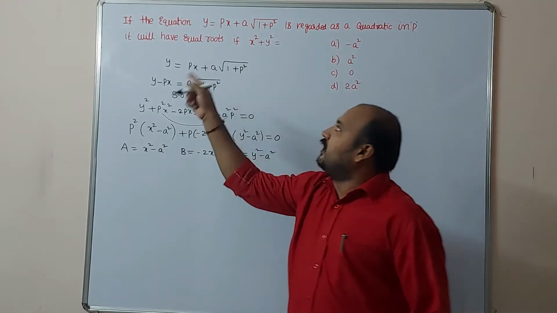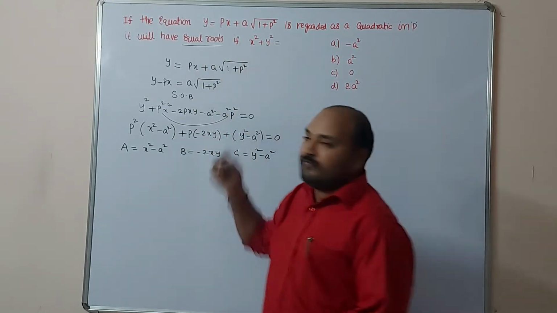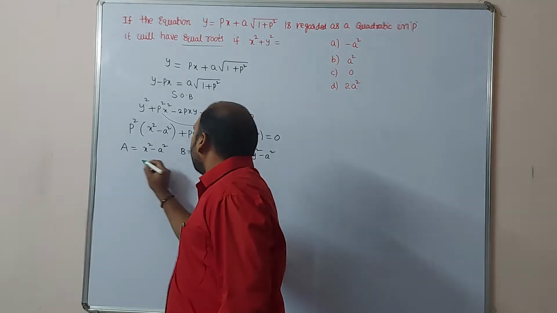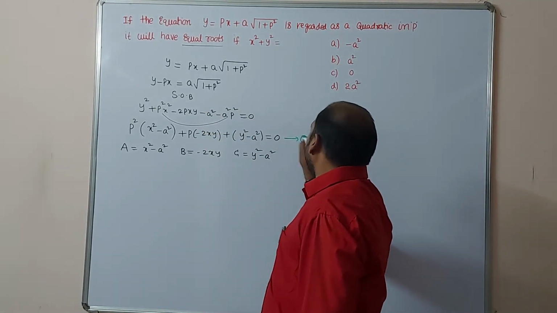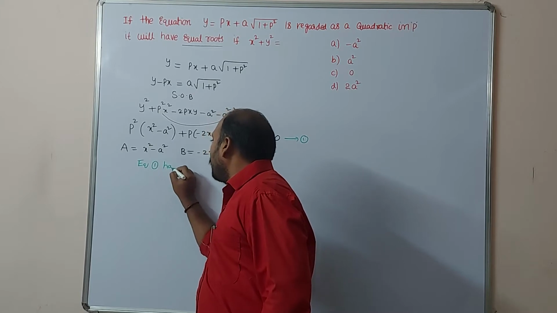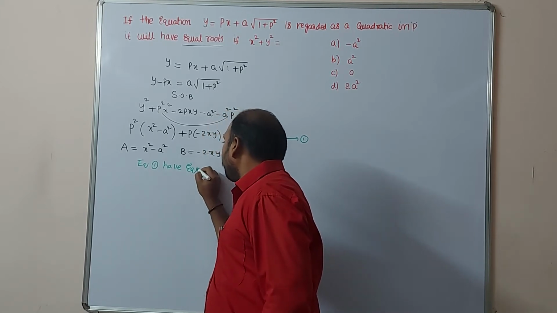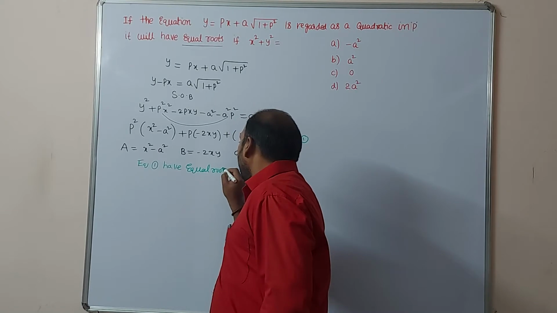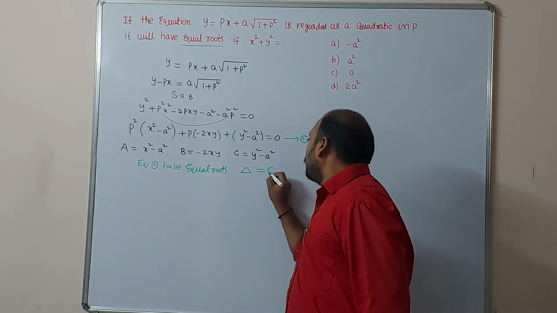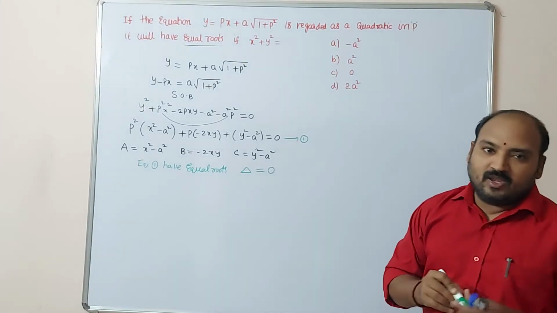The quadratic equation in p will have equal roots. Equation 1 you can take it, equation 1 has equal roots. When equal roots are there, what happens? Discriminant should be equal to 0.